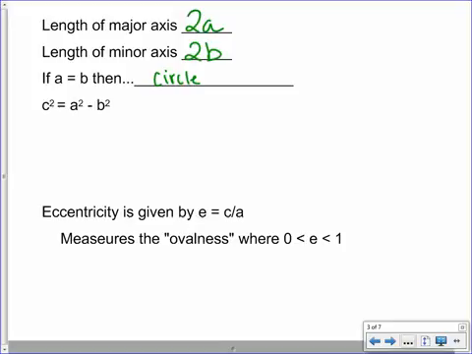What kind of number will give us a more circular ellipse? Closer to 0 or closer to 1? You say closer to what?